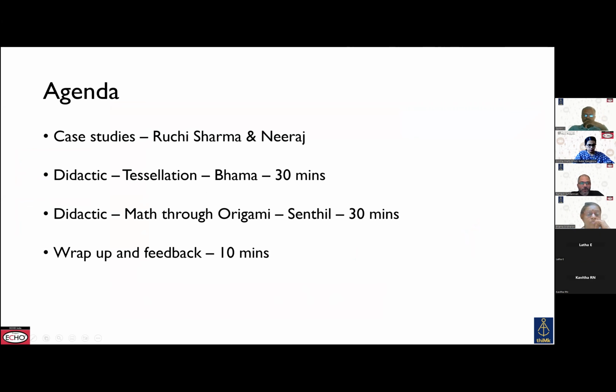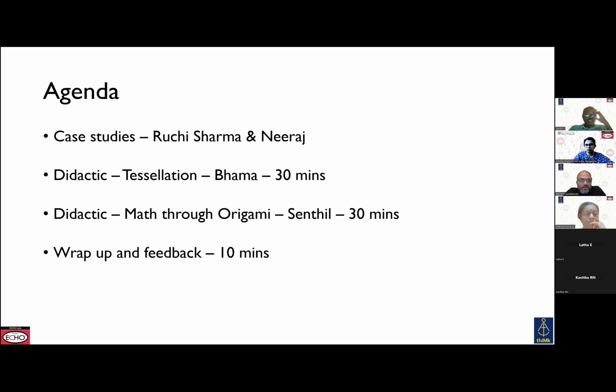Then that will be followed by Sendil. So Sendil, would you need any material for people to be having? Definitely 4 A4 sheets, a scale, and maybe a sketch or color pencil.